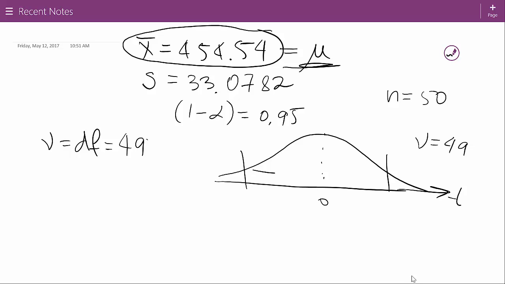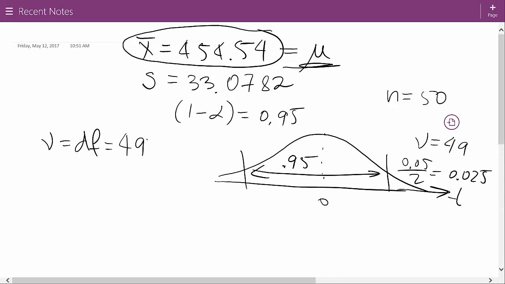So if I want to use a 95% confidence level, that means that in the right tail I should have 0.025. That's exactly right. So 0.05 divided by 2 should be 0.025, right? 2.5% should be the area in the right tail of the t distribution.